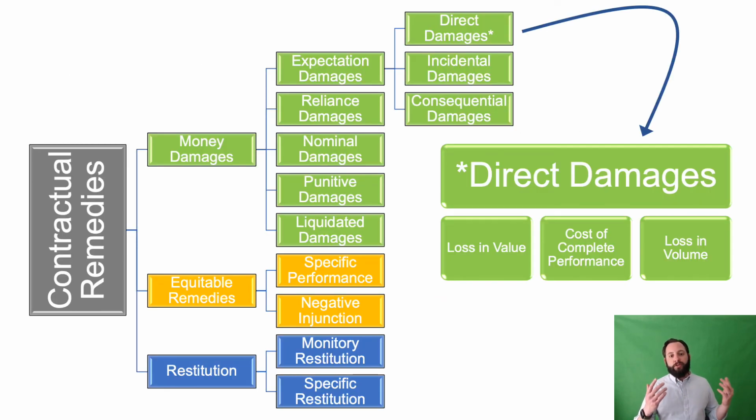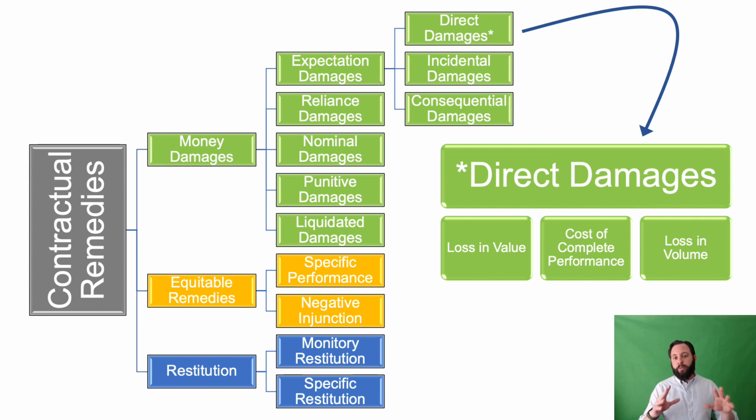This video explained how to calculate direct damages, which is a component of expectation damages, using the most common method, the loss in value method. There are other methods to calculate direct damages, and we'll discuss that in other videos.